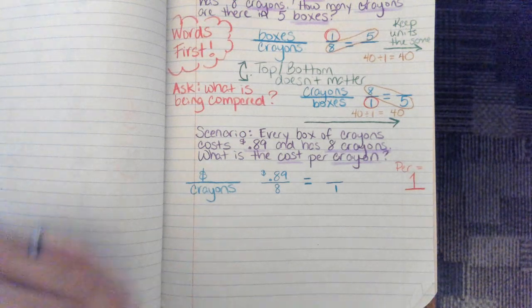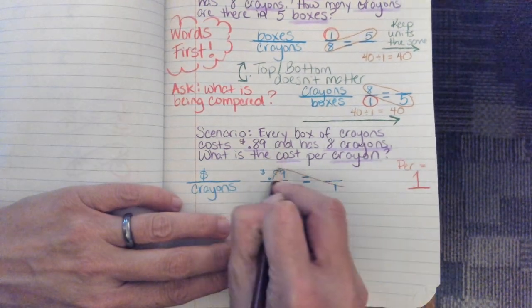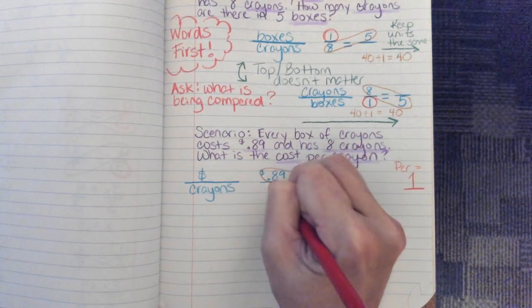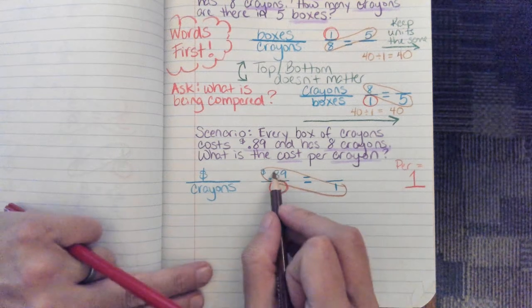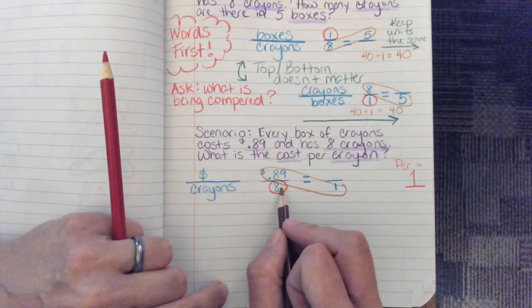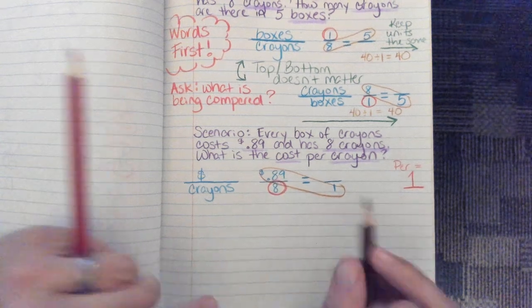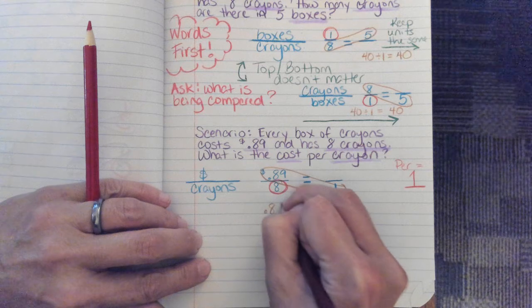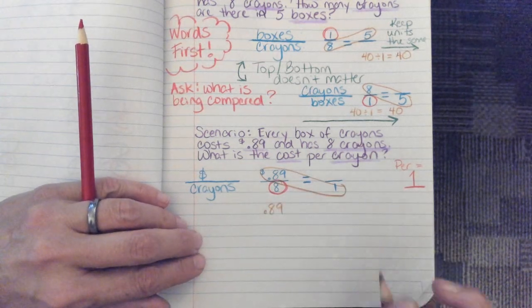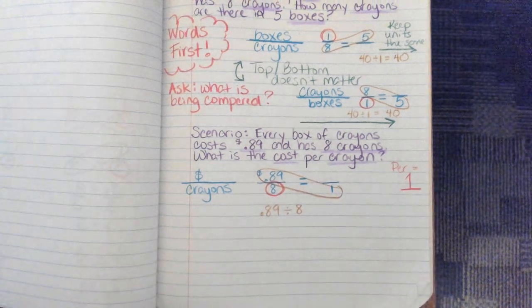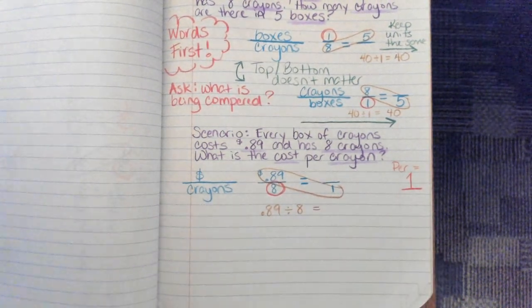So baseball, bat. Multiply the bat. I just said that backwards, didn't I? Bat, baseball. Multiply the bat. 89 cents times 1 is 89 cents. And then divide by the ball. 89 cents divided by 8.